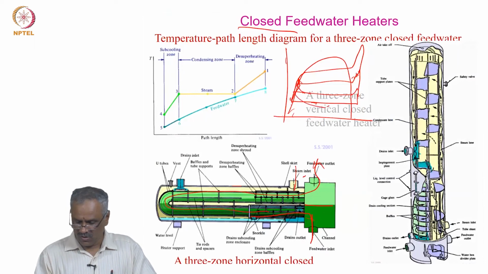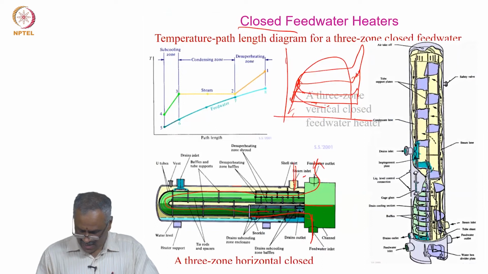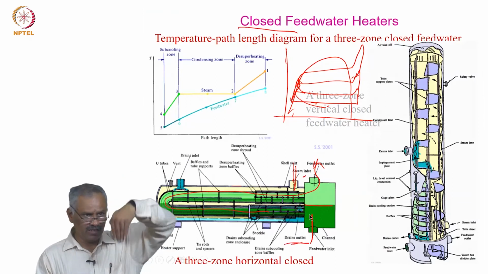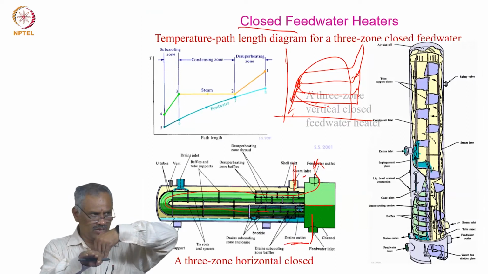If you have a heat exchanger, this is the drain which is coming here and then further going. One drain inlet is this and the drain outlet is here. You cannot see it, but it is horizontal; the drain comes here and goes like that.